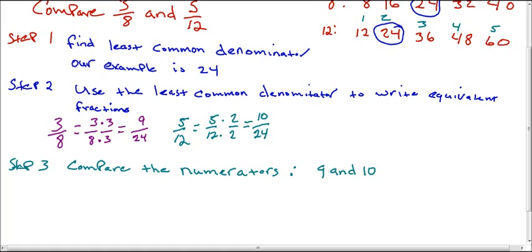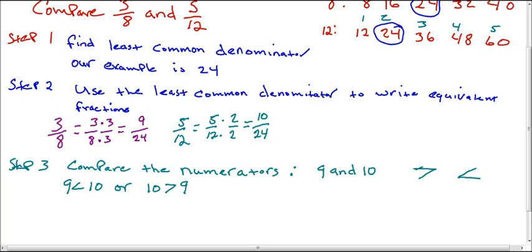Since we are comparing, we need to see which is greater. We can use our greater than sign or our less than sign to make the comparison. So we can say that 9 is less than 10, or 10 is greater than 9.